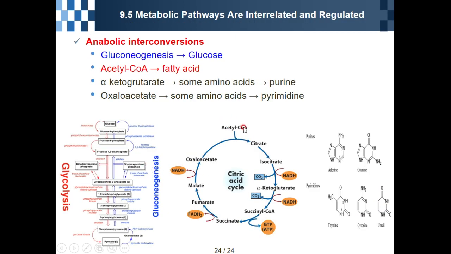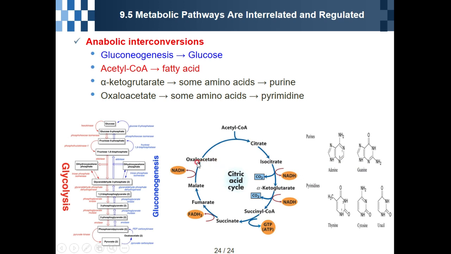Also, this acetyl coenzyme A can be used to make fatty acids. And alpha-ketoglutarate changes to some amino acids, and after that it will change to the purine base. Purine base is composed of adenine and guanine.